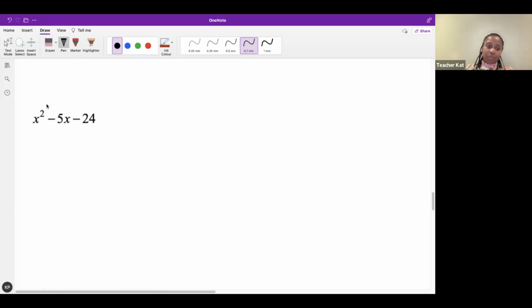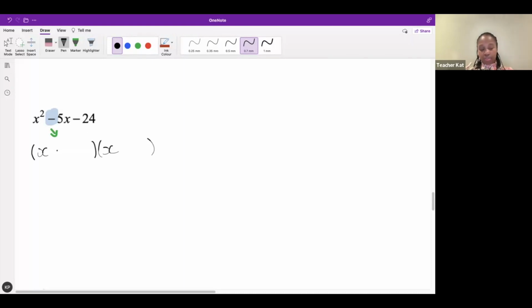Okay. Next one. Once again, 2 brackets, x and an x. If my first symbol is negative, which it is in this case, what will my first bracket have? Nice.